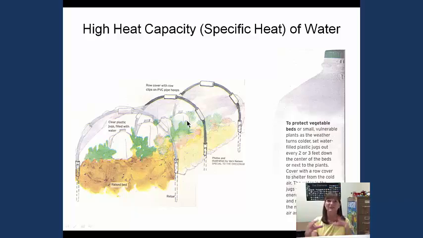Then at night you put some sort of covering over, and as the air cools down, the water inside the jug has trapped so much heat, because it has a high specific heat, that energy will slowly leave the water jugs. So the air will drop pretty quickly in temperature, but the water jugs are going to release all that energy they've stored from the sun and help keep your plants warm through the night.